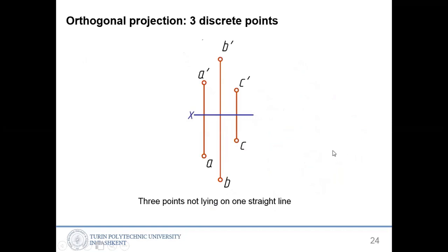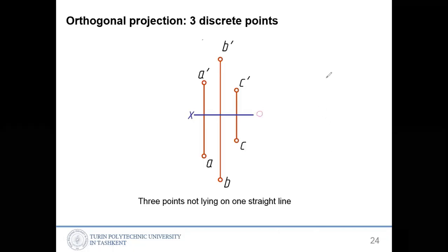Okay, so what will happen if three points are given in the space? Normally you will have a line, the line OX, and in reality we have something like this. Three points are given. One point, okay, so that is X, and O is here.